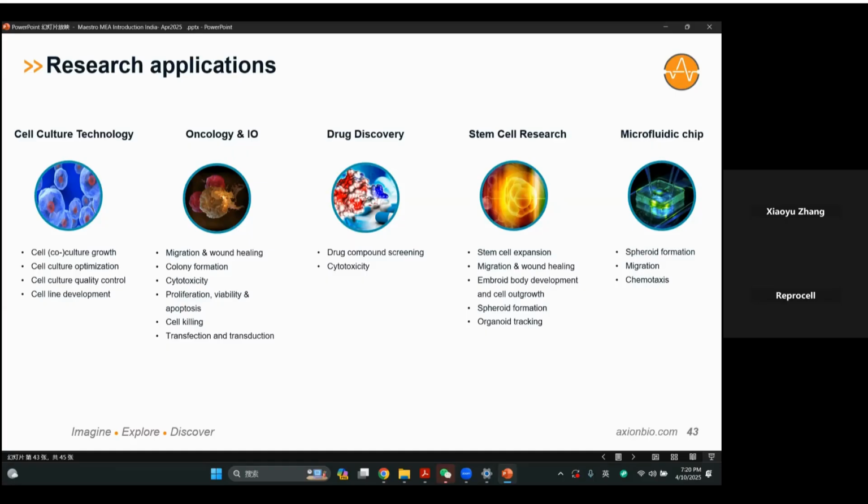And there are also a few customers who use it for microfluidic chips to track the cell growth or cell movement over time.